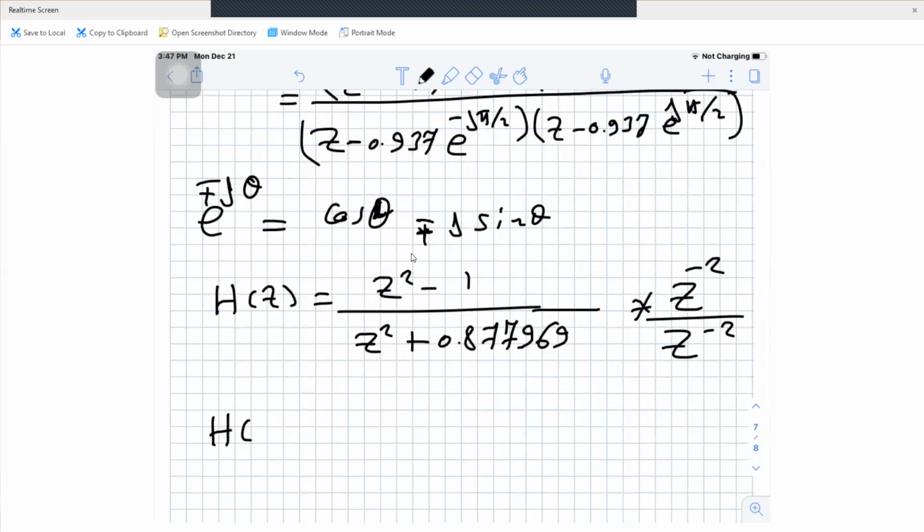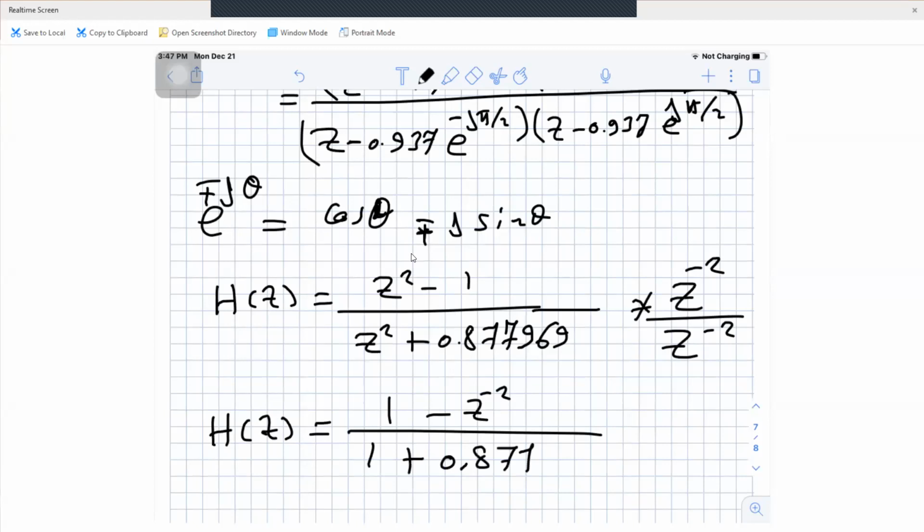Now, H of z becomes 1 minus z to the minus 2 divided by 1 plus 0.87796 z to the minus 2.